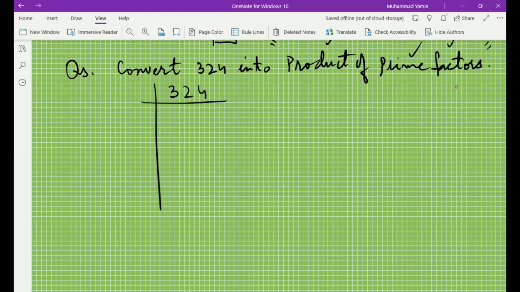Just see. Yes, so I was saying that this is the simple factorization method.